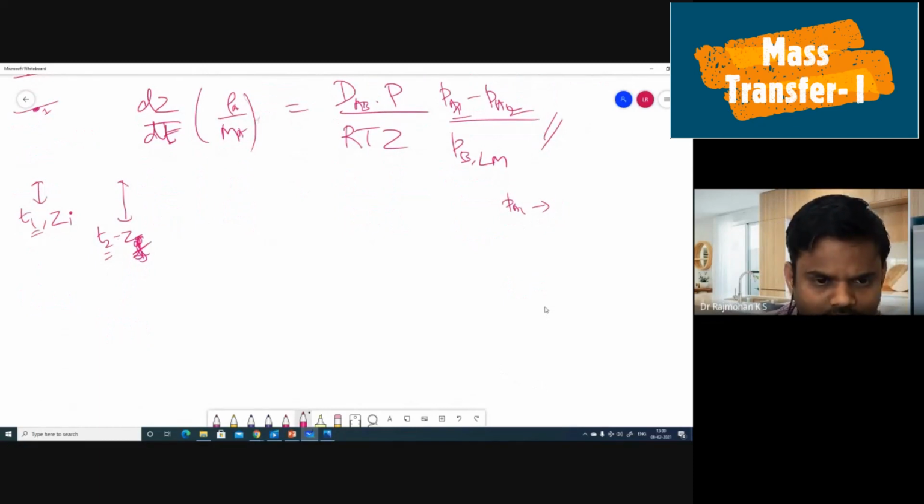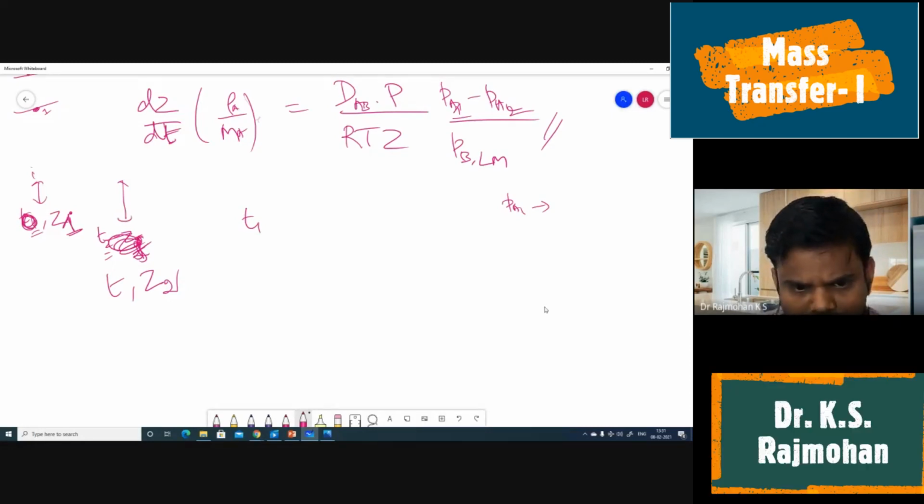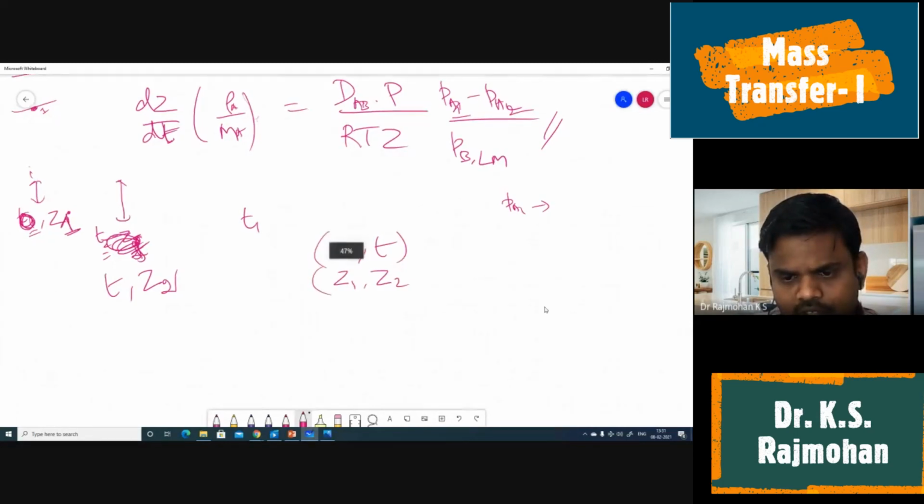Initially we have some z value, finally we have another value. So time t equal to 0, the level is z1, and at any time t, the level becomes z2. So the 2 refers to the time condition. The integrating limits are 0 to t, z1 to z2.